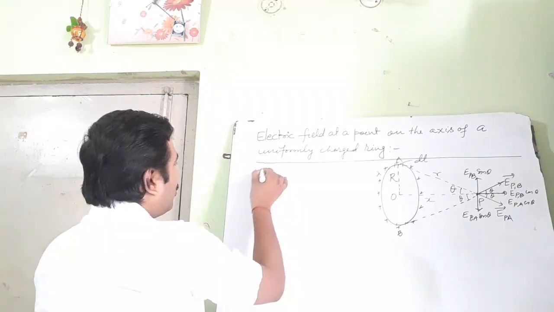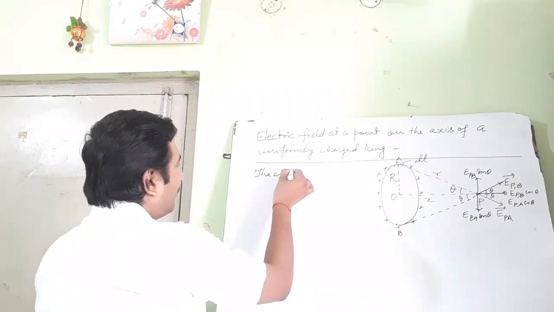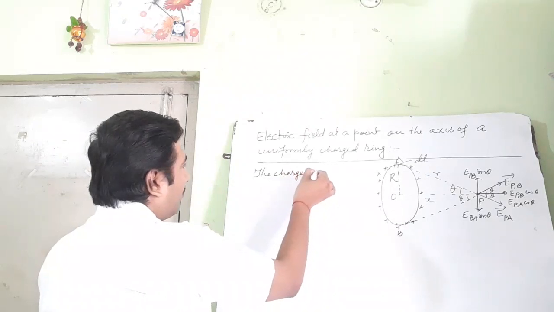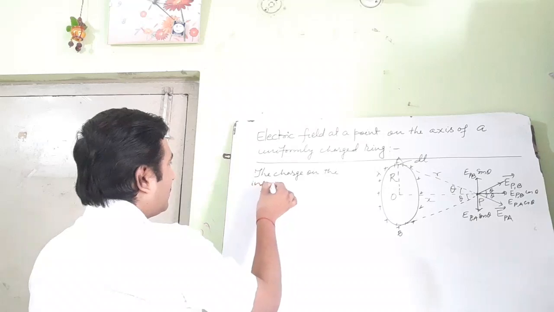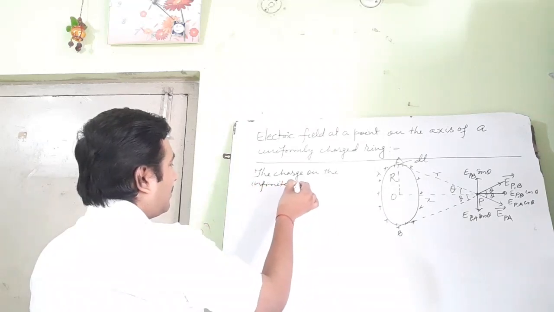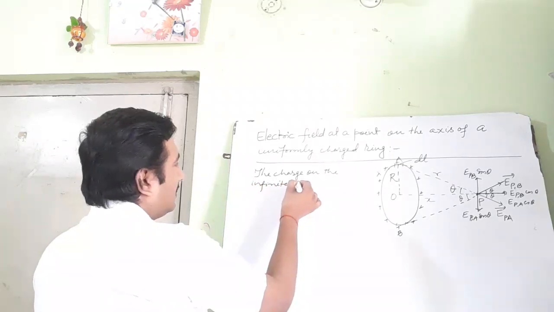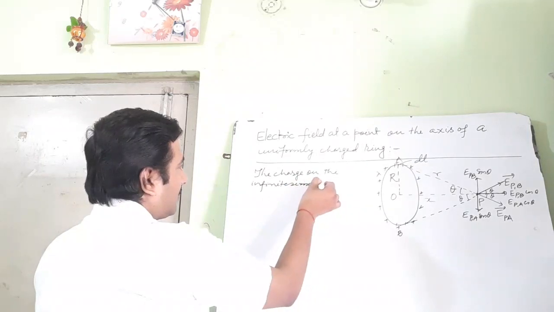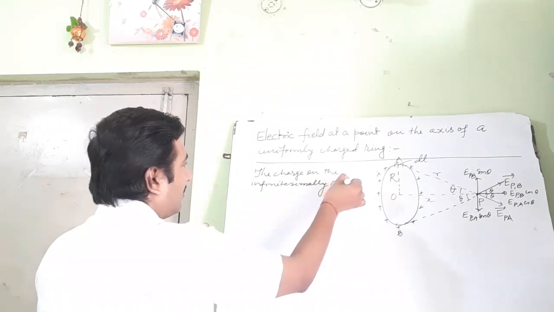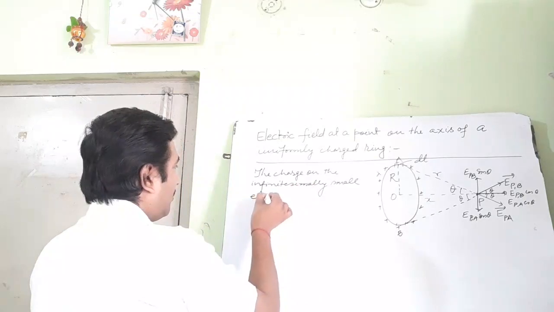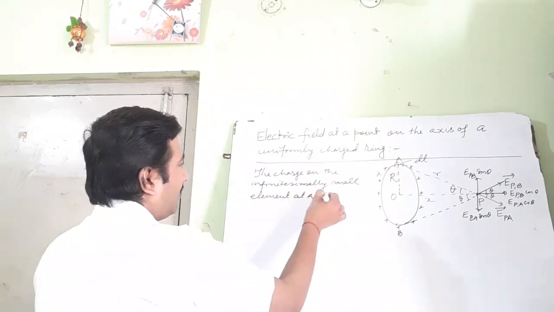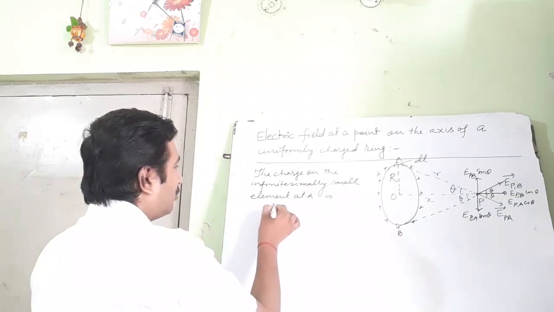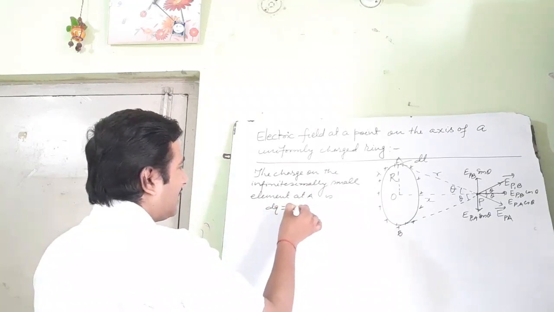The charge on the infinitesimal small element at A is dq, which is lambda dl.